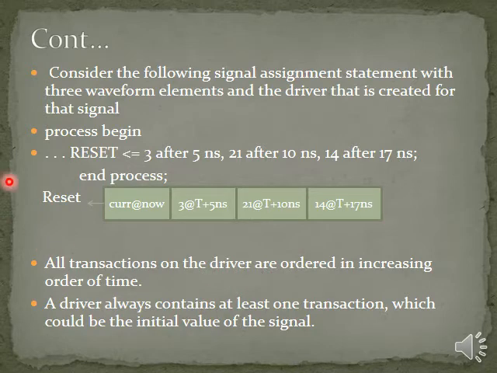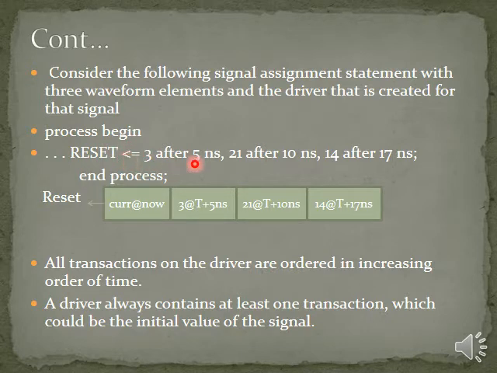Here, reset is one signal object, and remember that we are using it in a process statement. This is the begin of the process. I have written it in one line, but if you want, you can write it on the next line; no problem. Reset is one signal object, and here is the signal assignment statement.